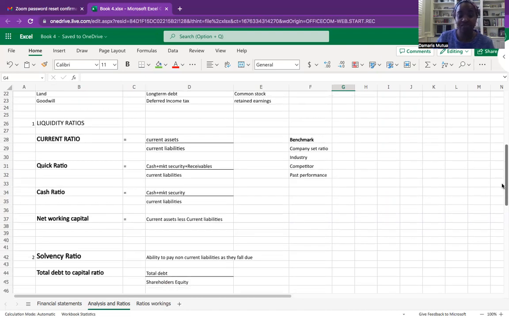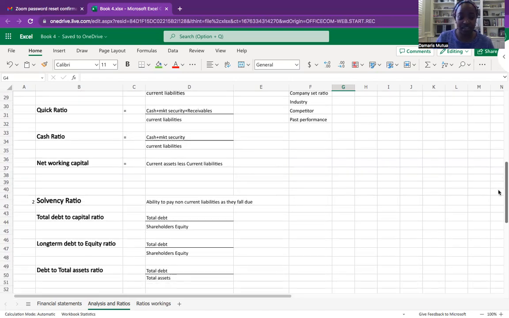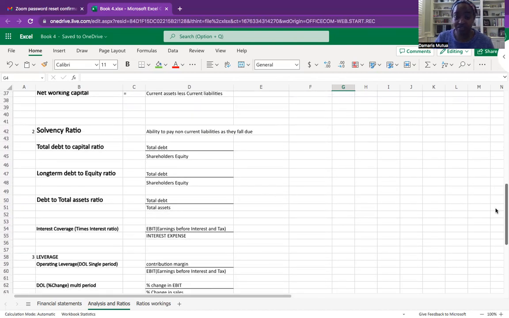We also have solvency ratios, which deal with the long-term liabilities. The debt to equity ratio, what does it really tell us? The long-term debt to equity, what does it really tell us as an organization? The debt to total assets, the interest coverage, how comfortably can we pay our interest?